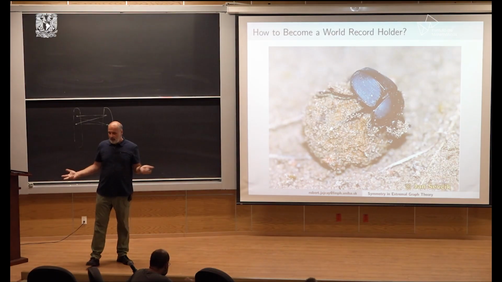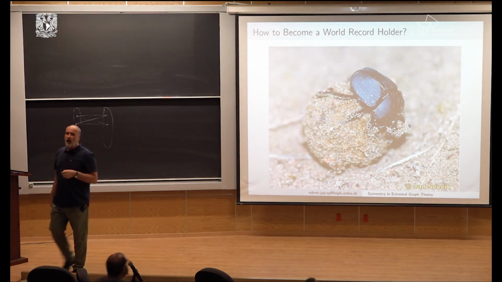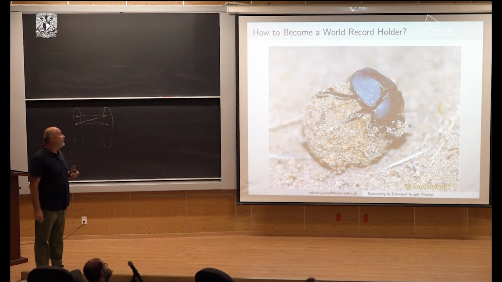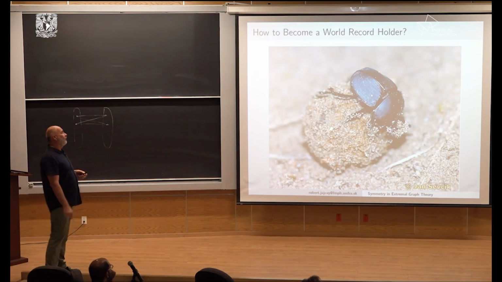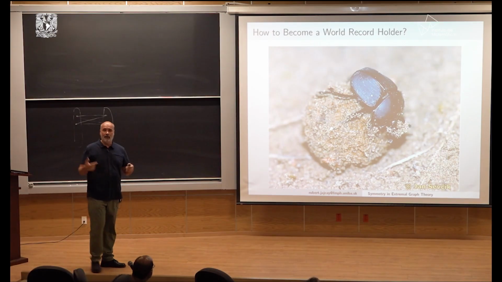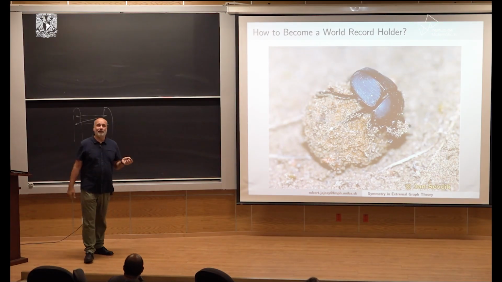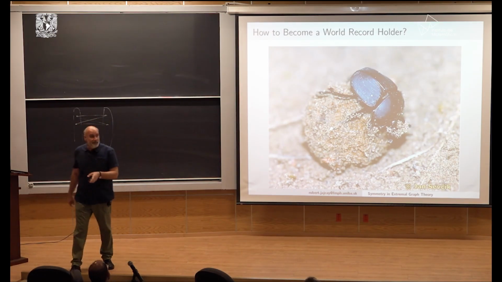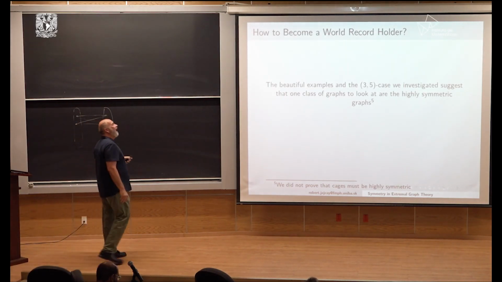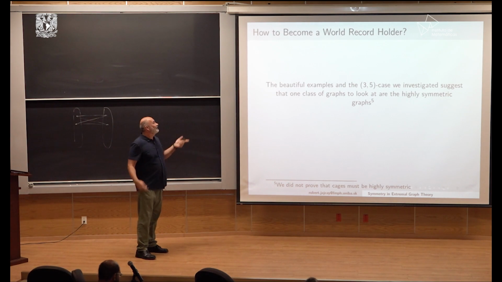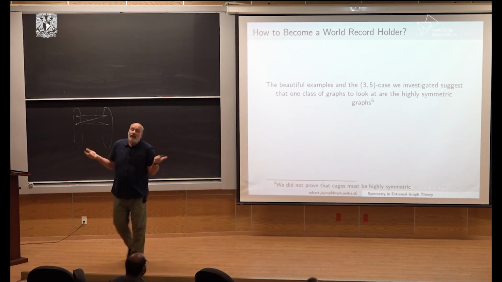So imagine that you're one of those people who are competitive in this area and you want a world record. Often it feels this way: you work and work and work, and what you get is okay. But what can you do?